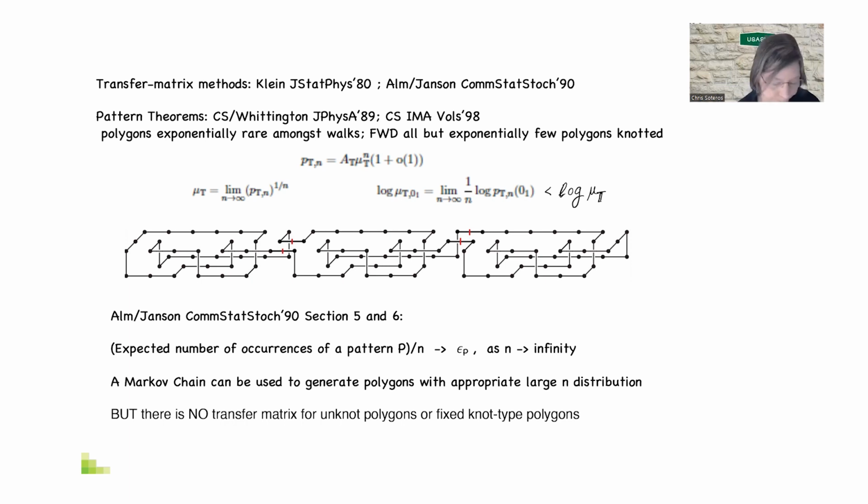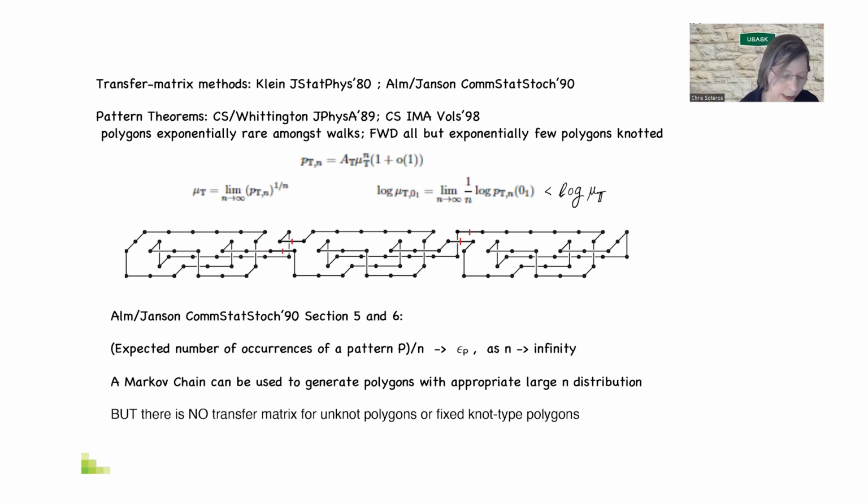Okay, so if you're looking at all polygons in the tube, the mathematical machinery is very powerful. And so really you would say, okay, well, looking at polygons in a tube is easy then, right? But when I'm looking at all polygons, I'm allowing all possible knot types. And so basically anything that can occur in a polygon will occur a density of times, so epsilon p times n times in a long polygon.